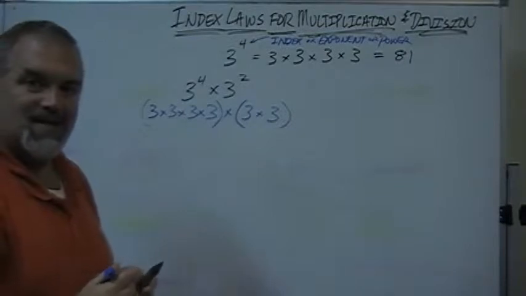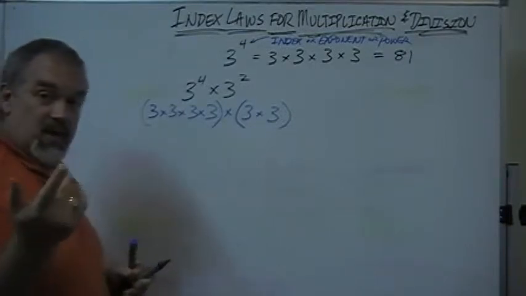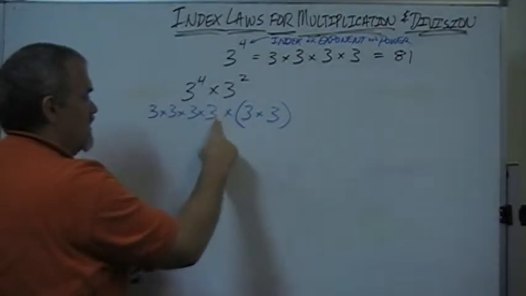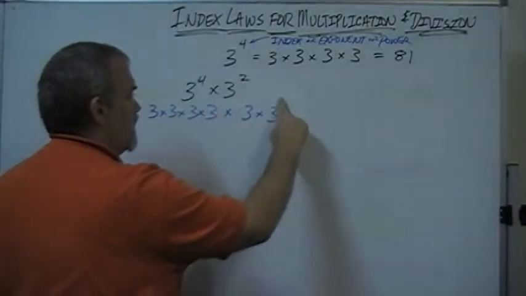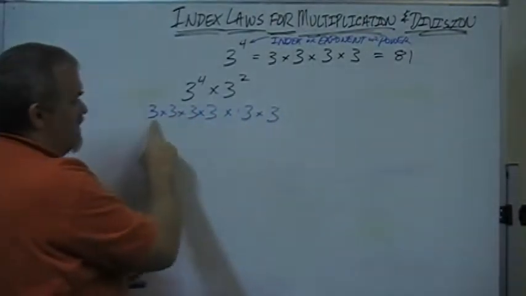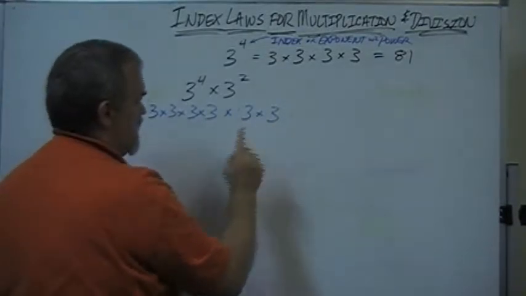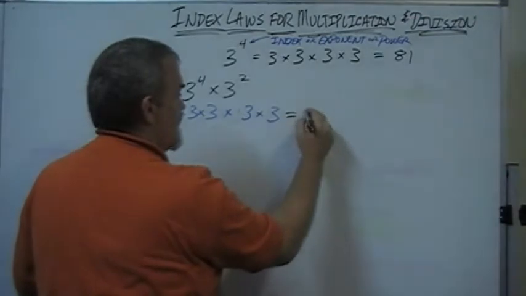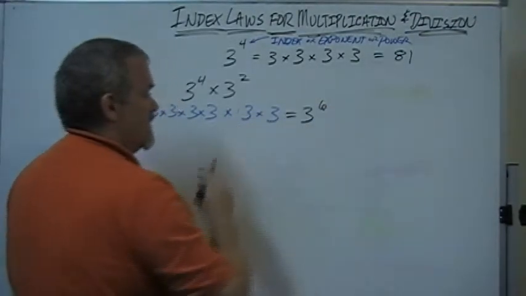Now, if I wanted to simplify that, as you know, because of the associative law, I can take these brackets out altogether. They don't need to be there. And then what do I have? 3 times 3 times 3 times 3 times 3 times 3. Or in index notation, I could write that as 3 to the 6th.